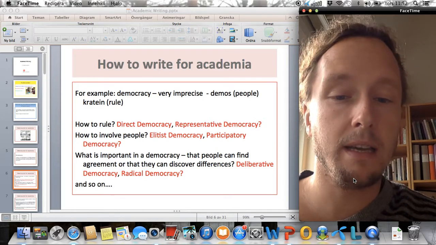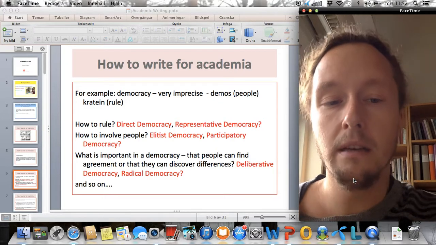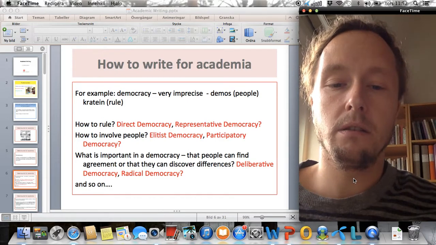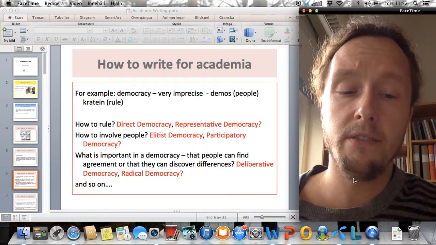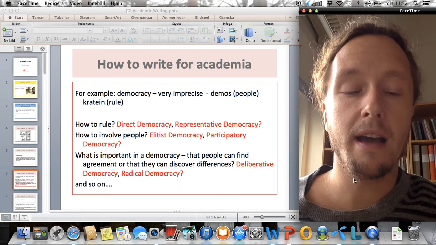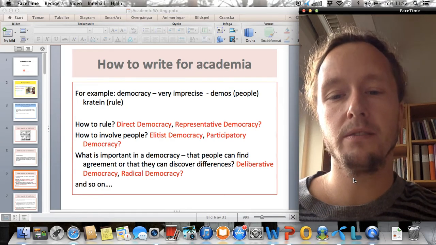If you want agreement and consensus as the purpose of democracy, that people should agree on things, then you take a deliberative stance on democracy. Whereas if you think that democracy is important to highlight differences and conflicts in society, well, then you take a radical stance on democracy.